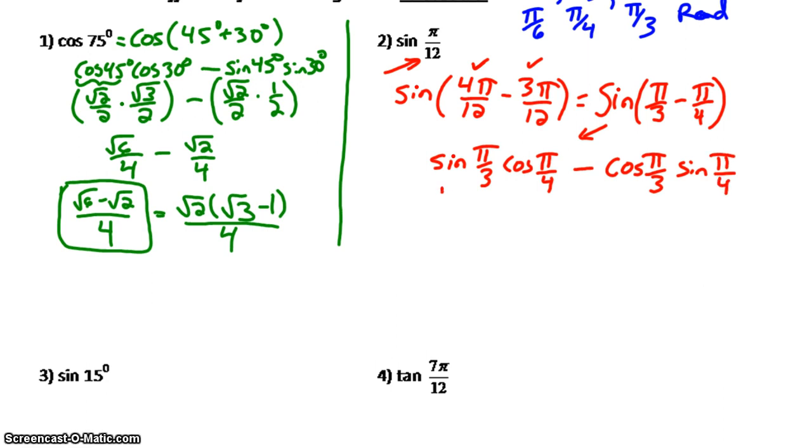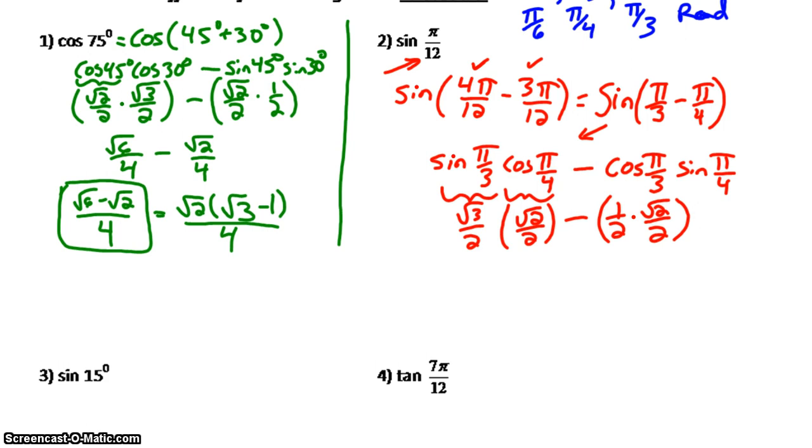Looking for those exact values, the sine of pi over 3 is radical 3 over 2. For cosine pi over 4, I have a square root of 2 over 2. From that, I'm going to subtract a 1/2 times a radical 2 over 2.